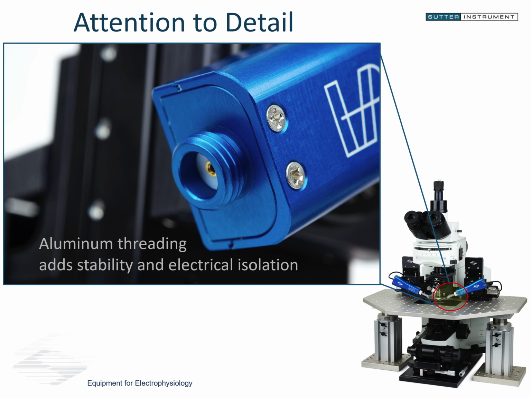In this case, we've made our head stage threads out of aluminum, and this provides not just more stability, but it turns out also an added layer of electrical isolation. We were surprised by this, but it makes a little bit of sense that this is a sensitive spot to electrical noise pollution.